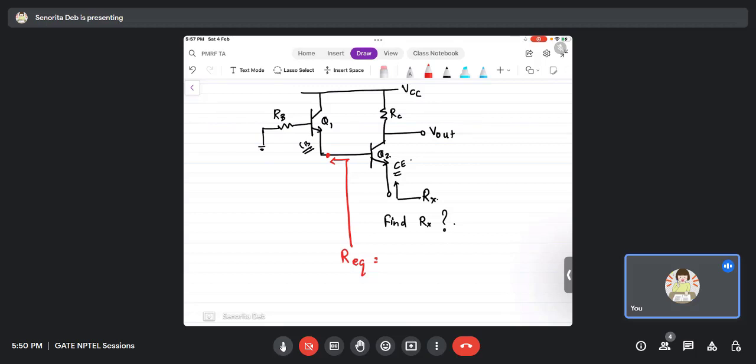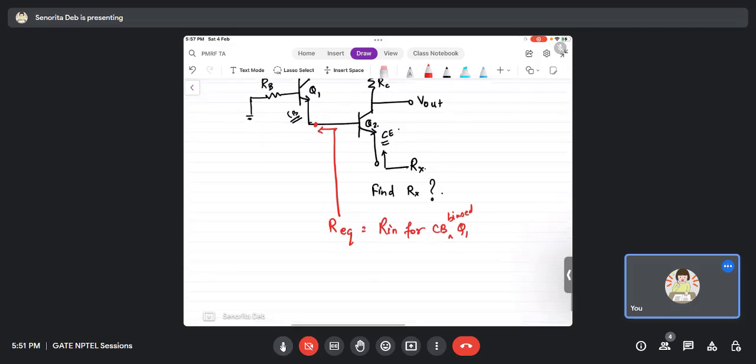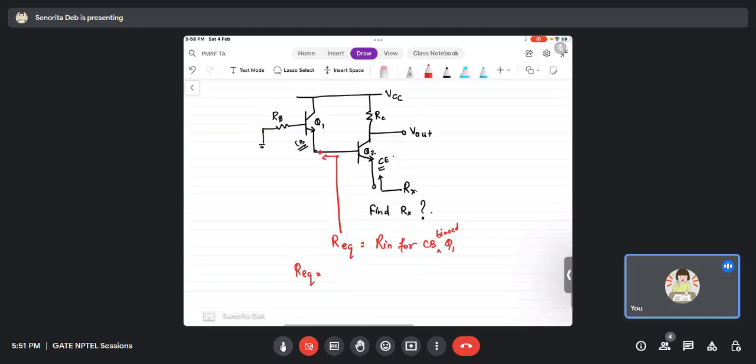So R equivalent is nothing but Rin for CB, common base biased Q1, right? So just now we saw that Rin for a common base will be, in presence of Rb, Rb upon 1 plus beta plus 1 by Gm. This we just found out, right? So this is what the R equivalent is. It's nothing more than that.